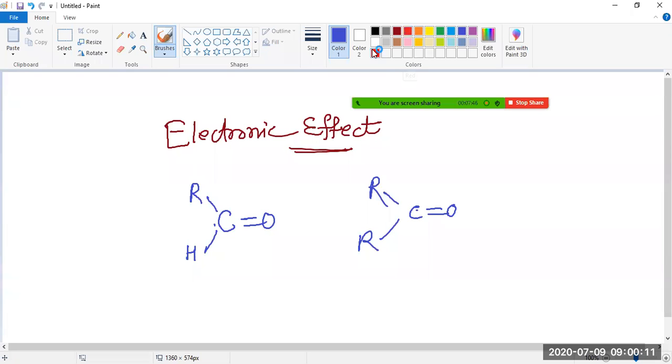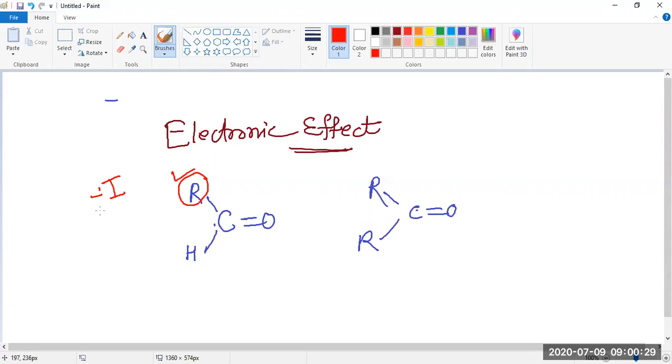So what happens in aldehyde? In aldehyde, this is the alkyl group, and the alkyl group shows plus I effect, positive inductive effect. Positive inductive effect means an electron supplying group.